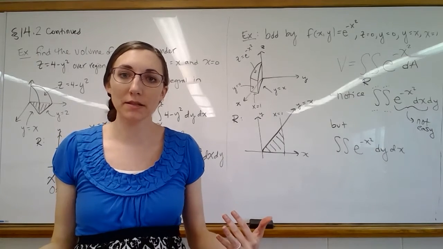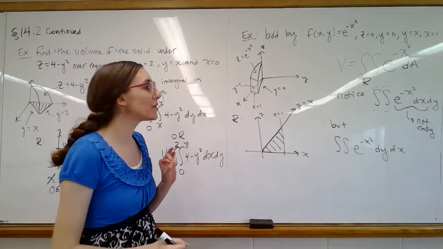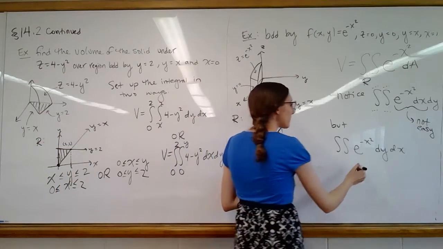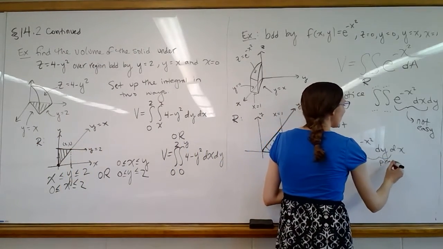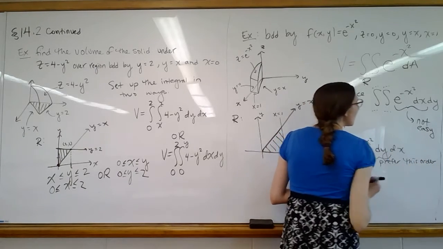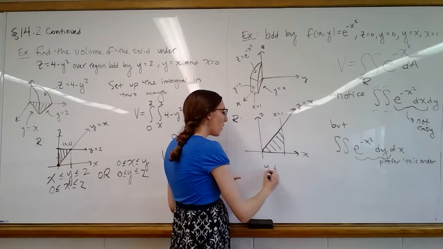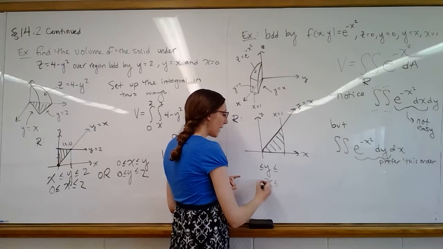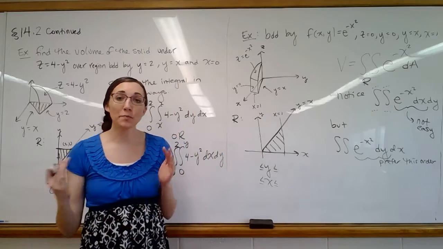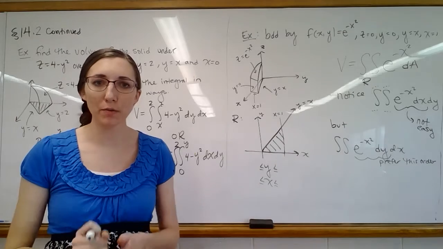And then we'll plug things in from there. That gives me a clue that I would prefer this order, which tells me that when I'm looking at my region, I want to do function bounds for y and numeric bounds for x, if they're easy enough to find, which they will be with this region.